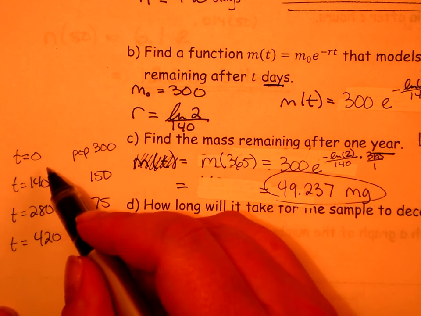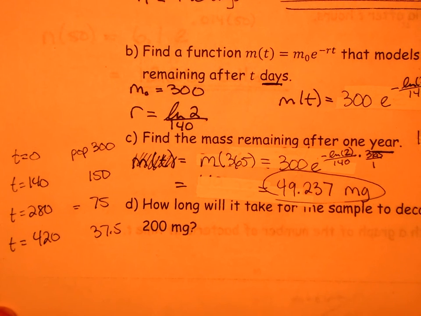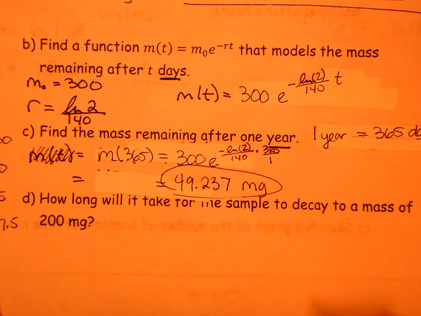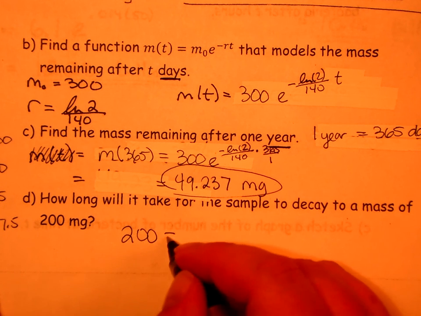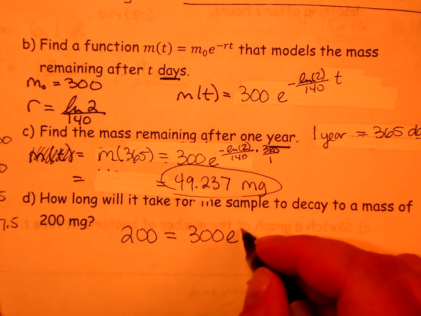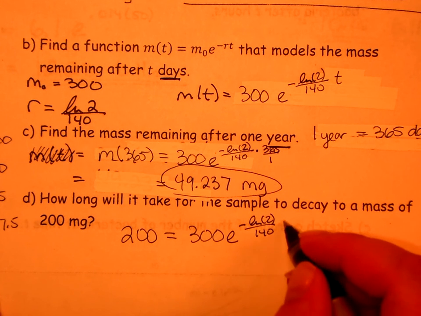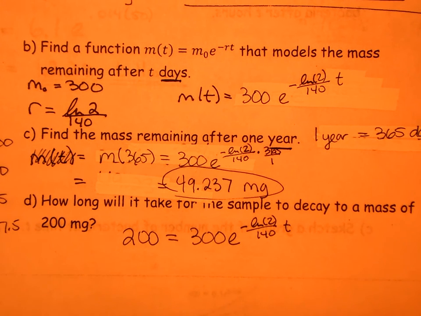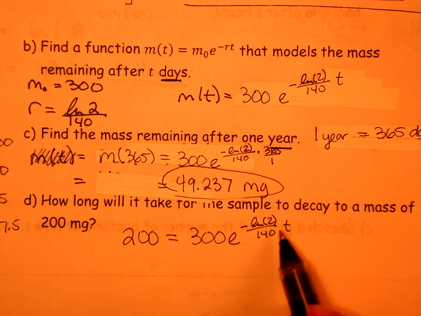So when we solve this, we should get a t-value less than 140. What we're going to do is set our equation equal to 200. So we get 200 equals 300 e to the negative ln of 2 over 140 times t. So the exponential expression is here.